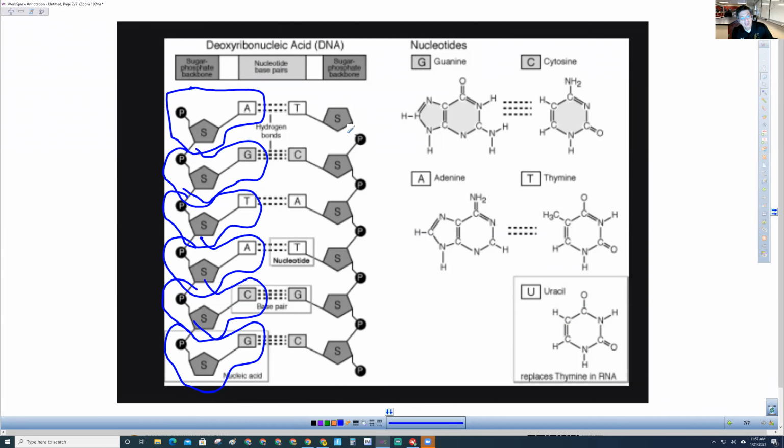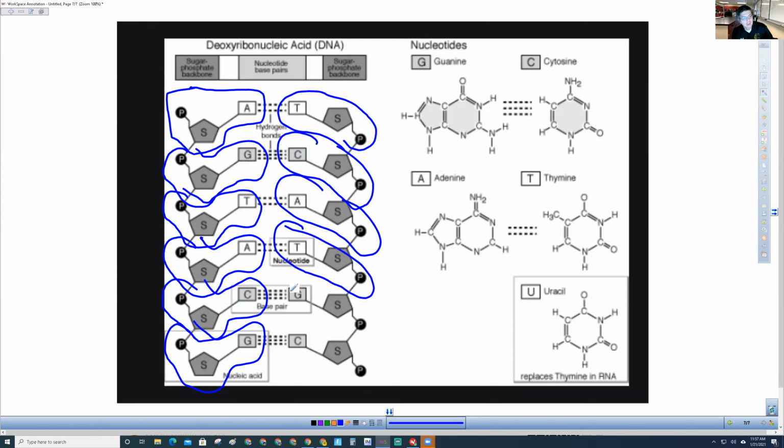And on the other side, there's more nucleotides. Look at all these nucleotides. So literally I have 1, 2, 3, 4, 5, 6 on each side. So there's 12 nucleotides that make up this molecule.